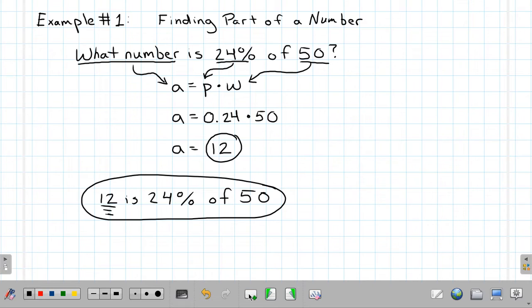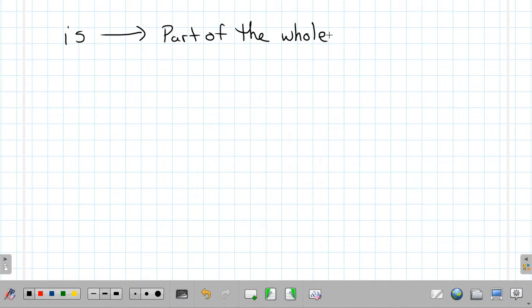So what you need to be aware of here is the word is goes with the part of the whole, whereas the word of goes with the whole. I'll elaborate on this a little later at the very last slide, because you do have to be careful.